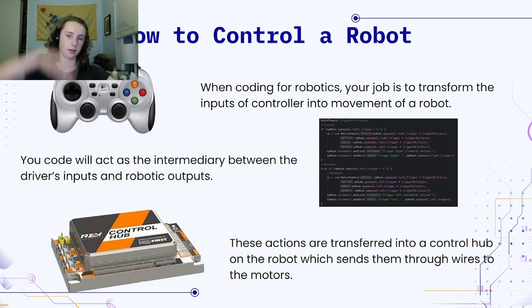Forward, backward, up, strafing, diagonal, things like that, throwing stuff. You have to do all of that, and you're going to have to learn how to do that over time. But what we're going to do today is give you a brief introduction to how any of that even works.